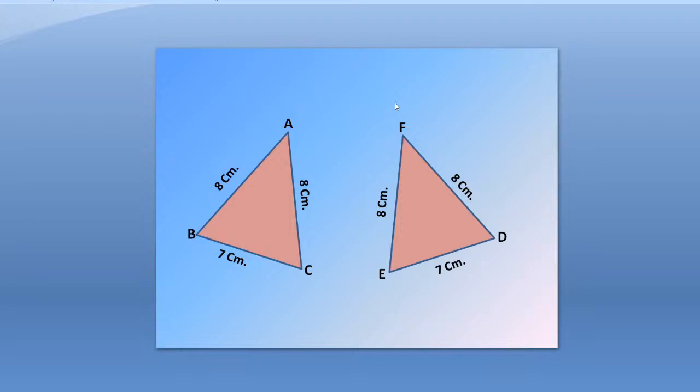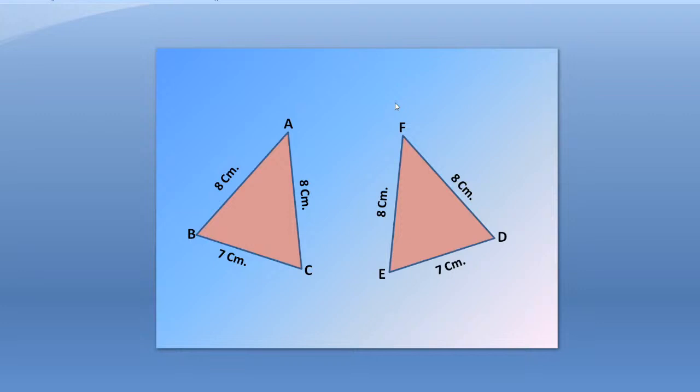DEF or FED. BC is equal to 7, AD is equal to 7, AB is equal to 8, FD is equal to 8 centimeter, AC is equal to 8 centimeter and EF is equal to 8 centimeter. Equilateral triangles.